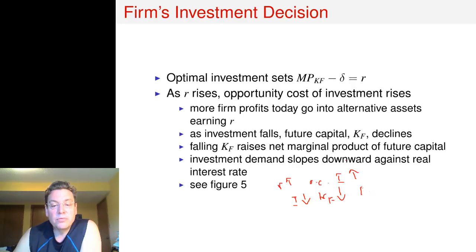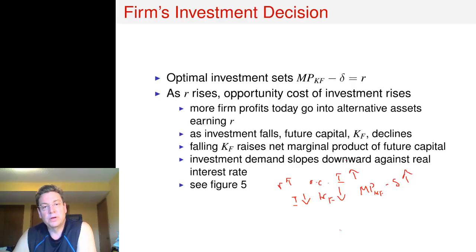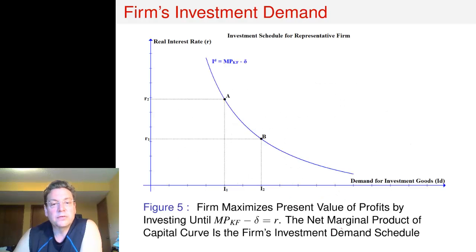But then that raises the net marginal product of capital in the future. And so what we're going to get is that the demand for investment slopes downward when the real interest rate is on the vertical axis. And that's exactly what this relationship says. The firm's demand for investment goods.